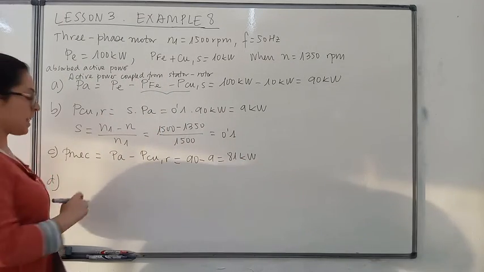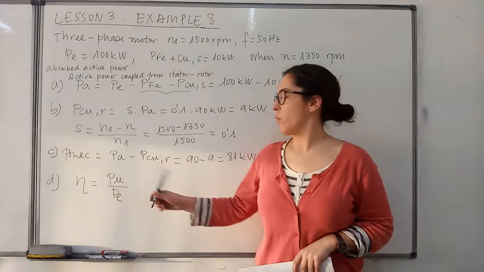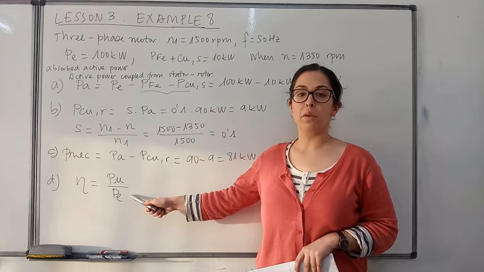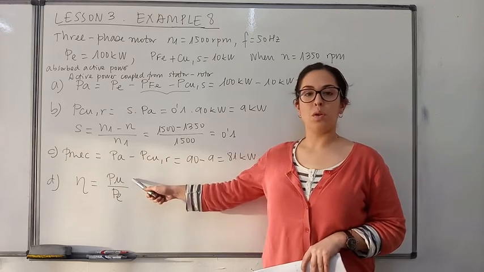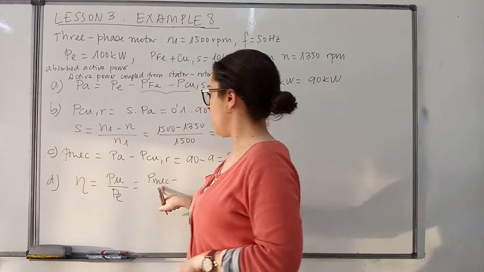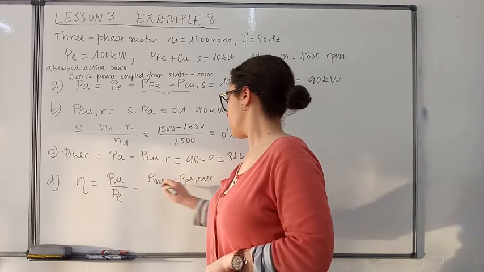Finally, in question D, they ask the efficiency of the motor. The efficiency of the motor is going to be the ratio of the electric power divided by the absorbed active power. As you know, the electric power is the mechanical power minus the power of mechanical losses.